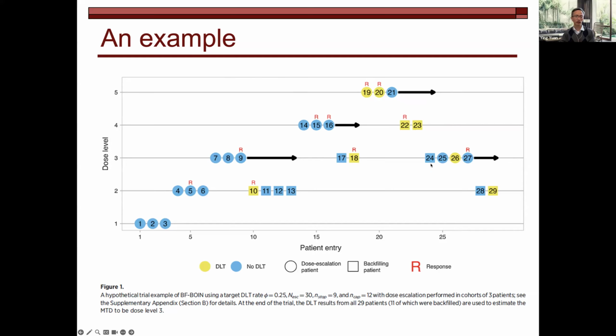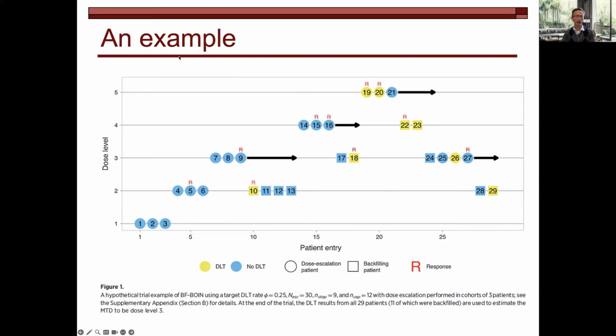By that time, patient 24 comes. The real-time observed data is that we have 4 patients' data at dose level 4, which are patients 14, 15, 16, and 22. Patient 23 has not finished the DLT window yet, so we won't use that patient's data. In that case, we see 1 DLT out of 4 patients. By that rule it's still safe, and we will put patient 24 still at dose level 4. So that's a simple way we address that issue.